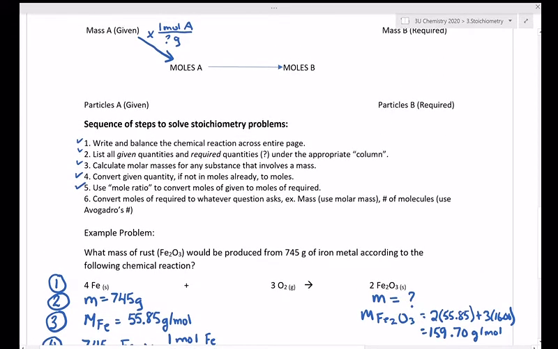So we're here, we're trying to get from moles of A to moles of B. So this is our new conversion factor that you absolutely have to use in stoichiometry. And if you don't, you haven't done stoichiometry. So because you're starting with A, you're going to have some number of moles of A on the bottom, and you're going to have some number of moles of B on top, is what you would multiply by.